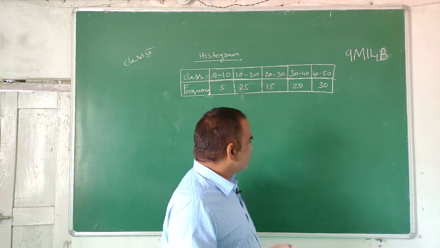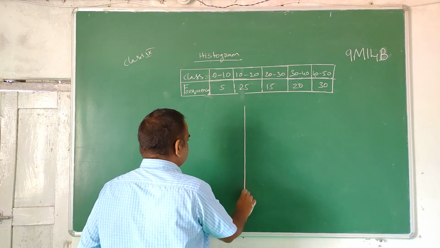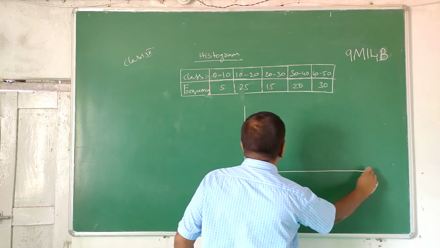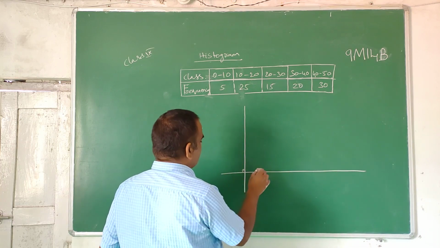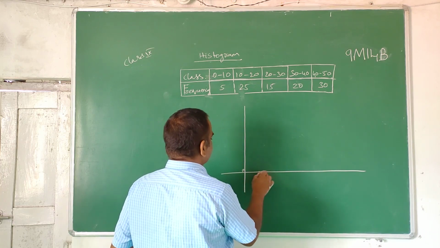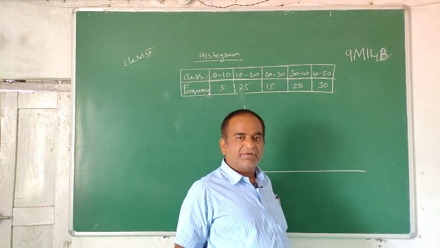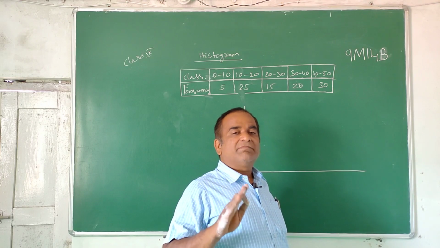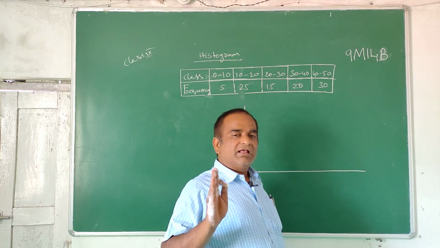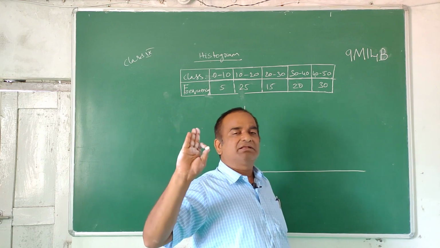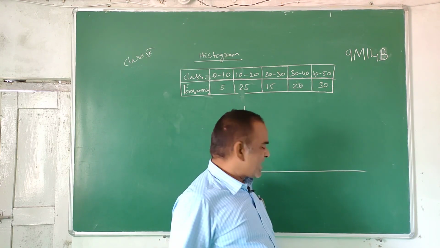Did you understand? Now there won't be any gaps between the bars in a histogram. That is the main difference between the bar graph and histogram: there won't be any gaps between bars in a histogram, but in bar graphs there will be gaps.